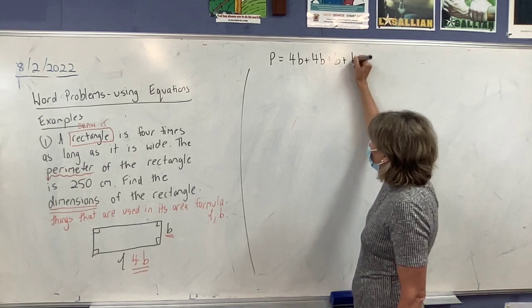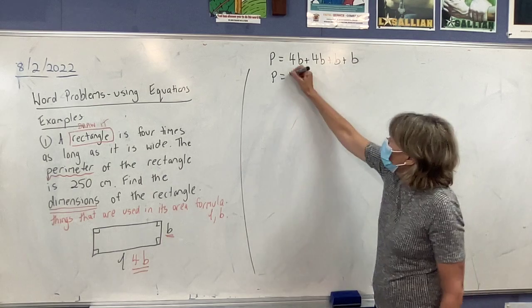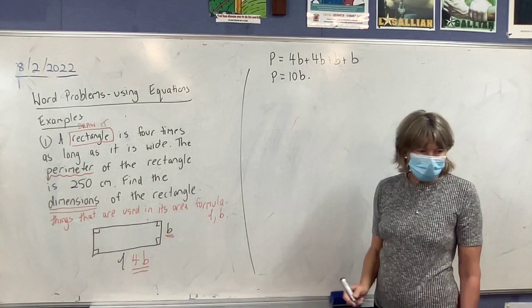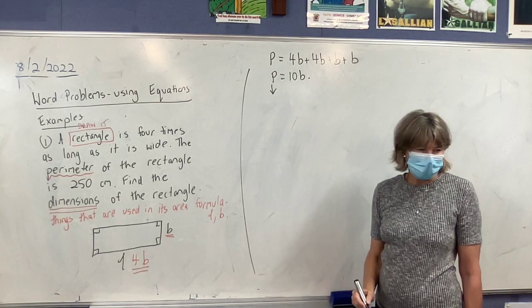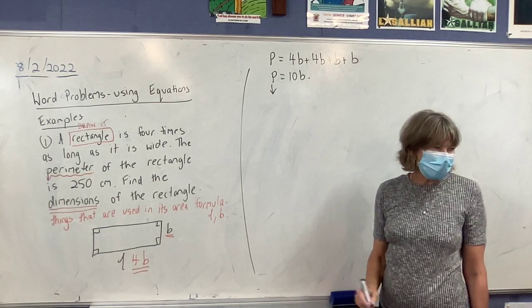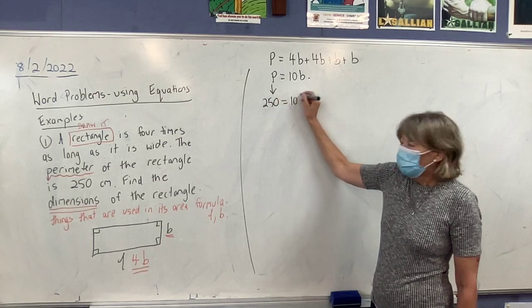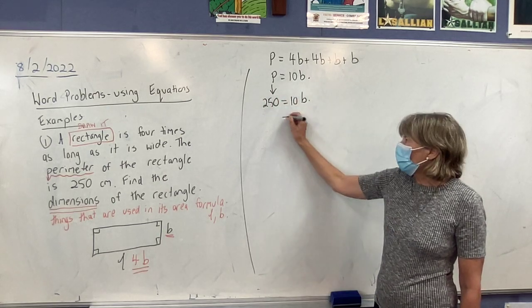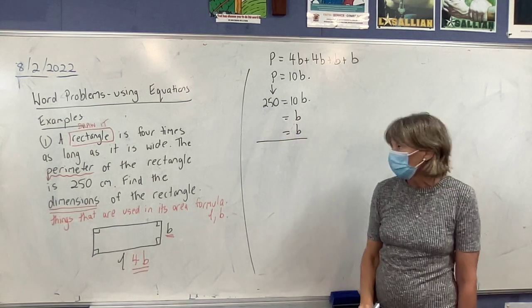Can you simplify that for me? 10B. 10B, good. Any questions so far? All right, now what did they tell you the perimeter was? Hands up. Yep, keep going, Noah. 250 equals 10B. All right, everyone's going to solve that. Off you go, finish it off and find out what B is and underline it.